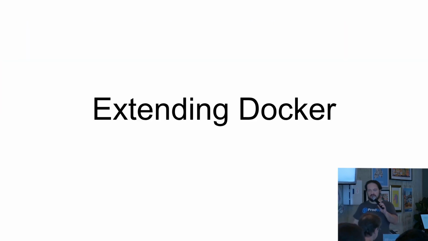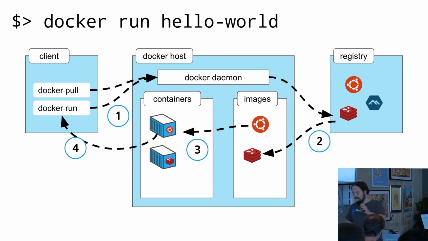Now, I'll jump straight into the subjects. As you might know, Docker is composed basically of 2 parts. One is the Docker daemon, and the other part is some client that talks with the daemon. One of the first things that people learn to do when they use Docker is run the docker run hello world command.